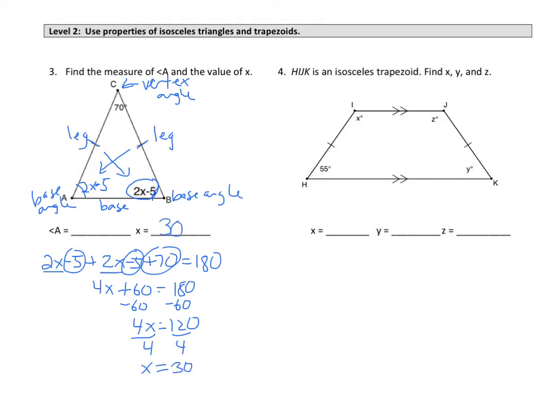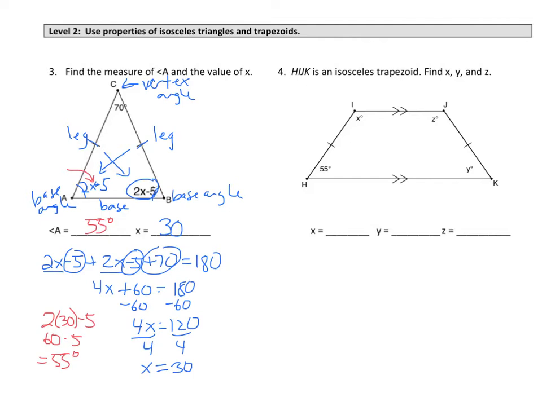And now to find the measure of angle A, I plug 30 back into 2x minus 5. I plug it in for x. So I do 2 times 30 minus 5, and that gives us 60 minus 5, which is 55 degrees. So angle A is 55 degrees.